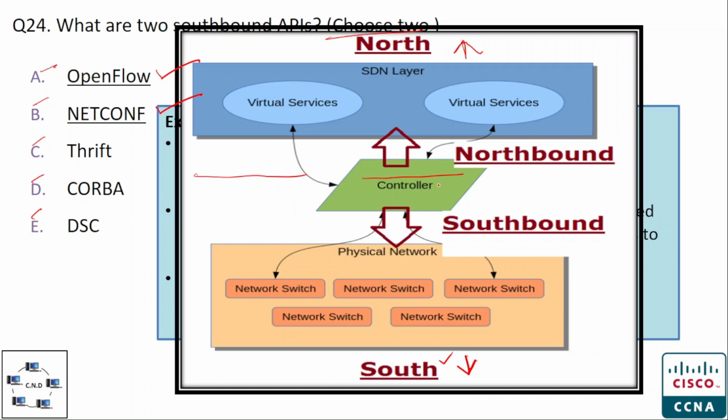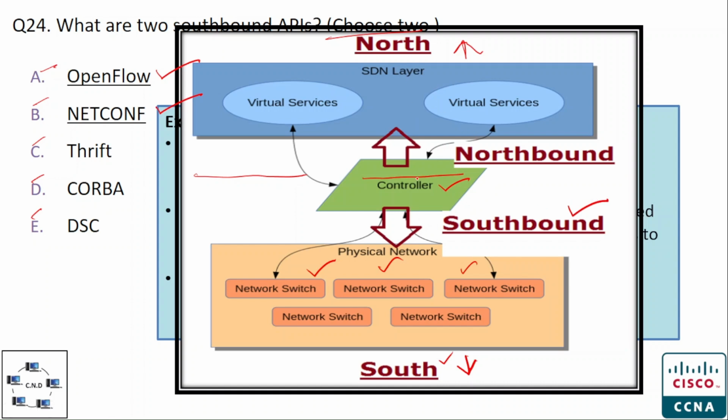Here this is the controller, and when this controller manages or configures devices such as network switches or routers, then the direction is towards south. That's why this is called the southbound API.